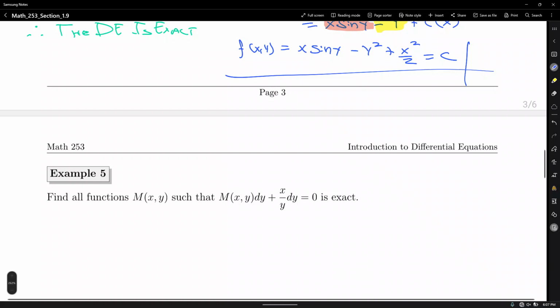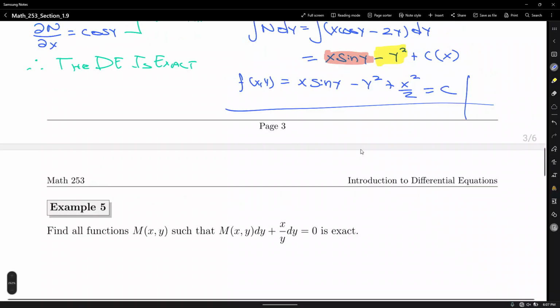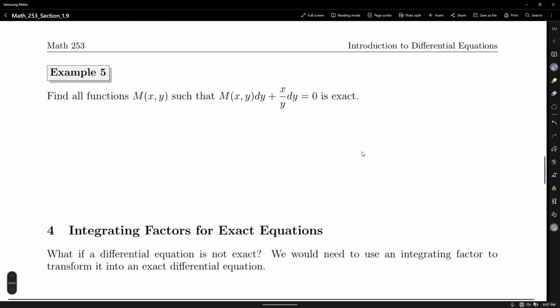And of course, we're not going to do this by guessing. You don't want to do that by guessing. So what do we do here? We're going to start by using the criteria for exactness of a differential equation, that is, using the fact that the partial of m with respect to y equals the partial of n with respect to x.